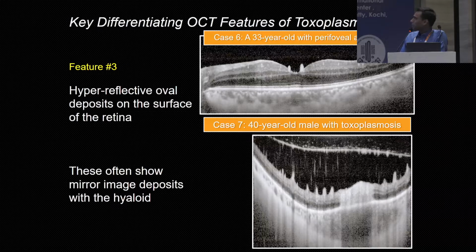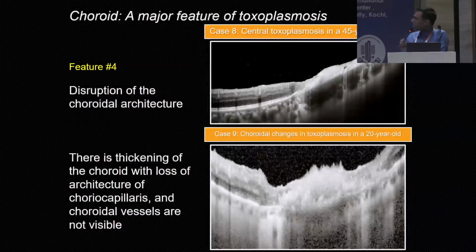Again, these often show mirror image deposits with the hyaloid, usually seen when there is a detachment of the hyaloid as the disease progresses. There is a mirror image of deposits both on the undersurface of the cortical hyaloid and on the surface of the retina. These features differentiate toxoplasma chorioretinitis from viral retinitis.